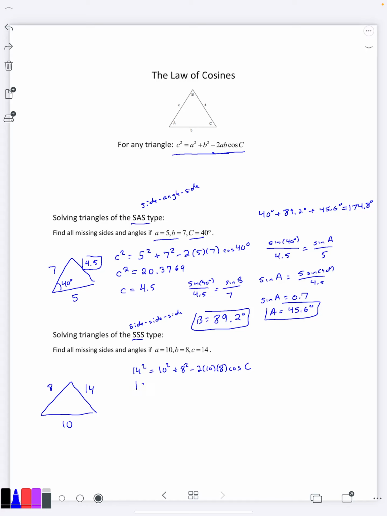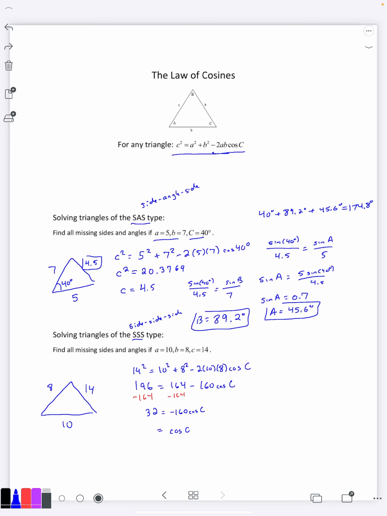So we're going to get 196 equals 10 squared plus 8 squared is 164 minus 2 times 10 times 8 is 160 cosine C. We're going to subtract the 164 from both sides.